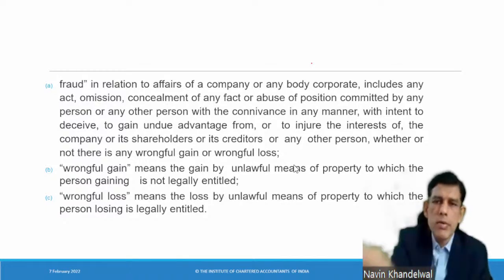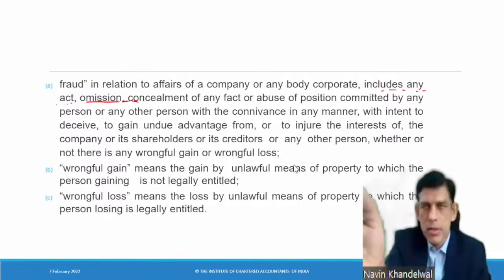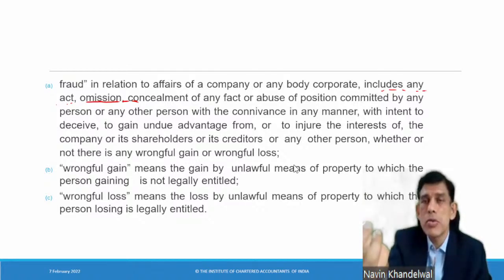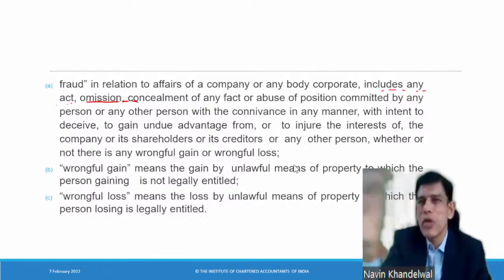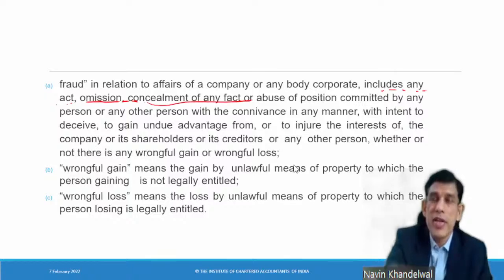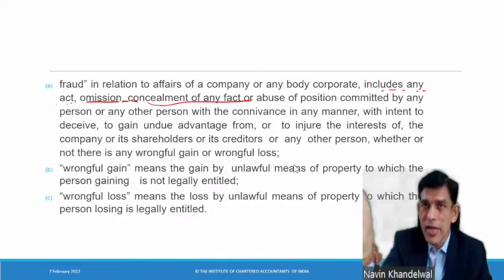So fraud includes any act, omission. Act means where you have done something. Omission means you were supposed to do something, but you have not done it. Both the things. You have done something, and second, you were supposed to do something and you've not done it. Concealment of any fact. You are hiding something.